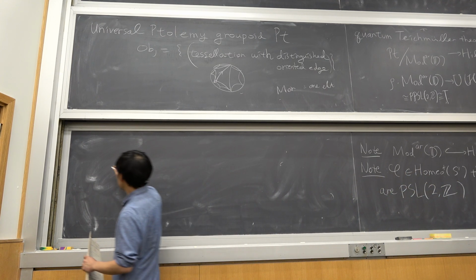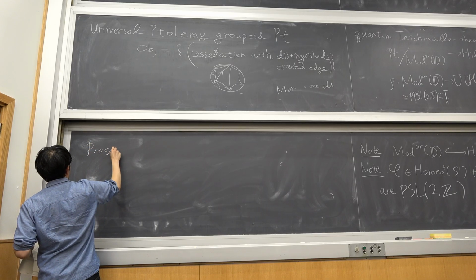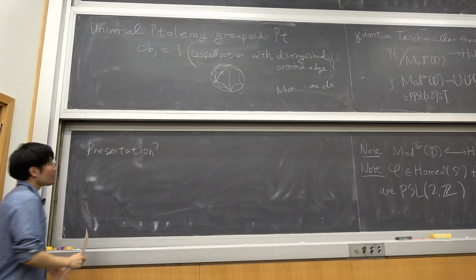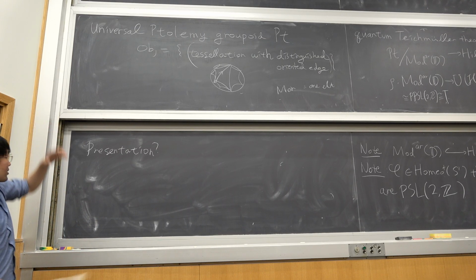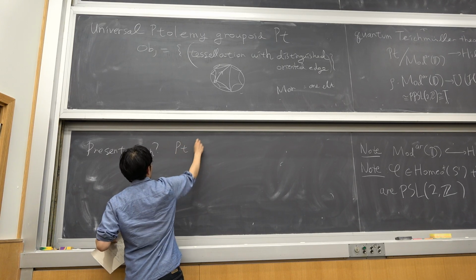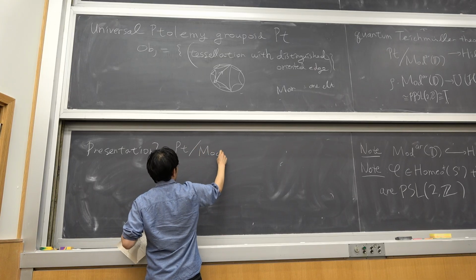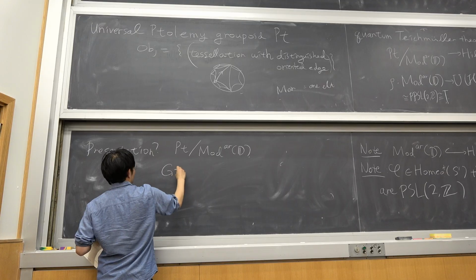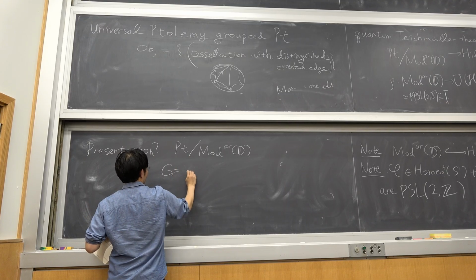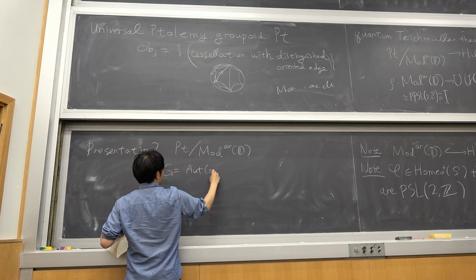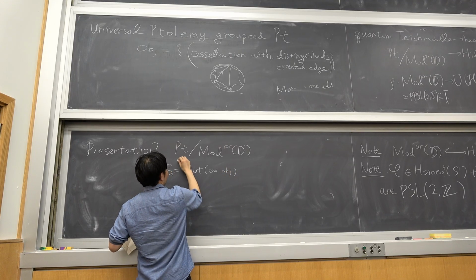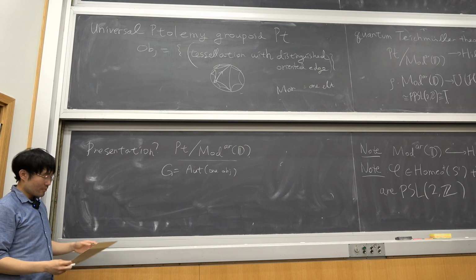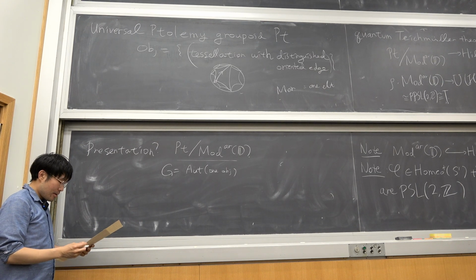So this quotient groupoid, let's say G to be the morphism set or the automorphism of that one object. And in fact, this quotient has only one object. So that's kind of different from the finite type surface case.